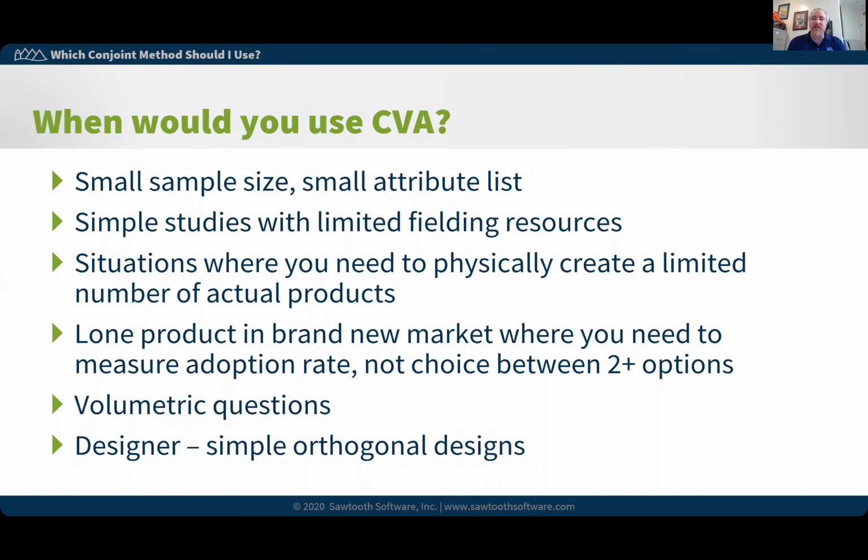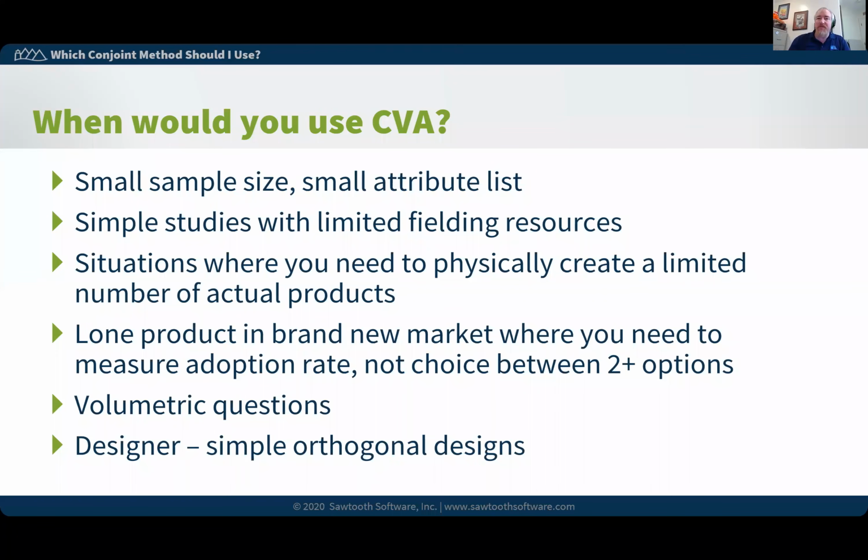It's also useful in situations where you need to physically create a limited number of actual products. Sometimes you really need to physically show people what's happening in the conjoint. If you're a tool manufacturer, you might want to have people come to a clinic and test out tools. You can tell them how much vibration is in the tool, how padded the handle is, or how tight the drill bit goes in, or whatever.